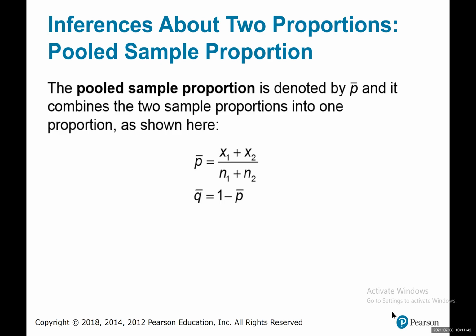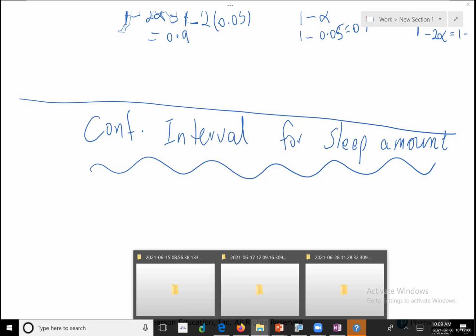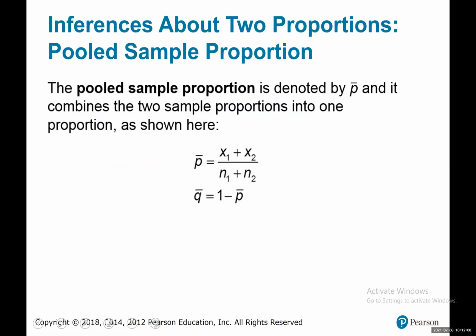I may use it somewhere along the way. The pooled sample proportion is the addition of the x's over the addition of the n's. I'm going to give you an example of calculating the pooled sample.